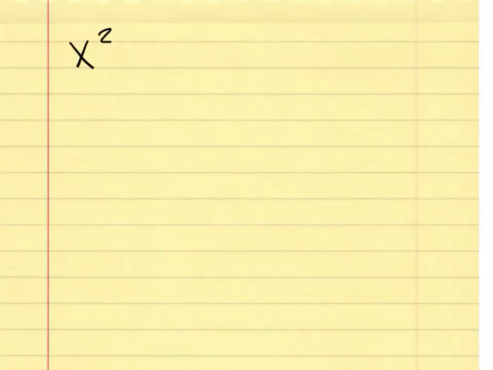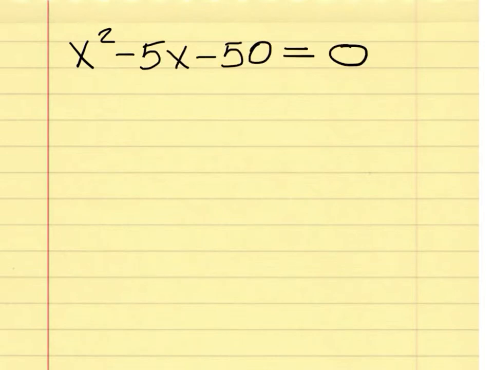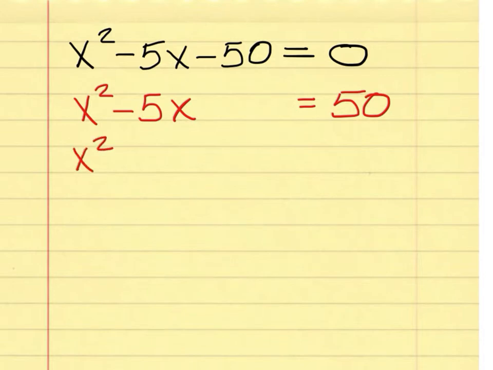The problem is x squared minus 5x minus 50 equals 0. Solved by completing the square. For the practice problem, it is x squared minus 5x equals 50. And then half of 5 is going to be 5 over 2. If we square that, we get 25 over 4.